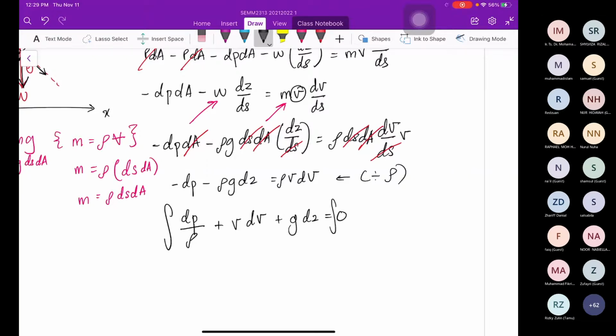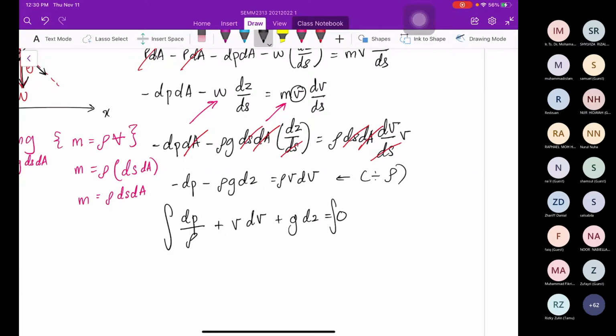After we do the integration of both sides, because we want to have the complete solution. This is only a small finite element, a small element of fluid. We want to do maybe a very large group of fluid, so we need to integrate.